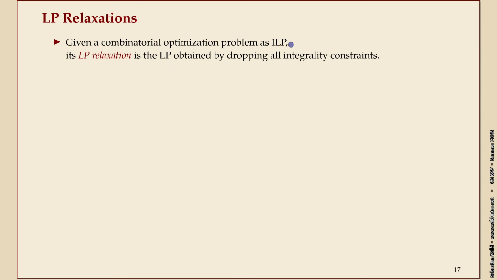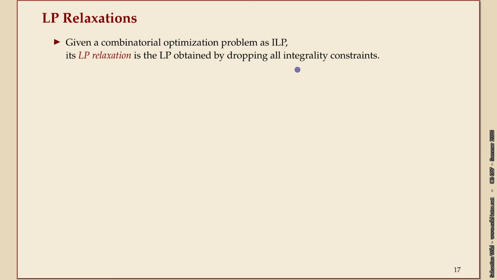I should be a bit specific that you can oftentimes model the same combinatorial optimization problem in slightly different ways. You can encode it in different ways as an integer linear program, and so there might be different ways to get an LP relaxation. The specific LP relaxation is always specific to one way to model the problem, and there can be more or less smart ways. But for now, let's ignore that.